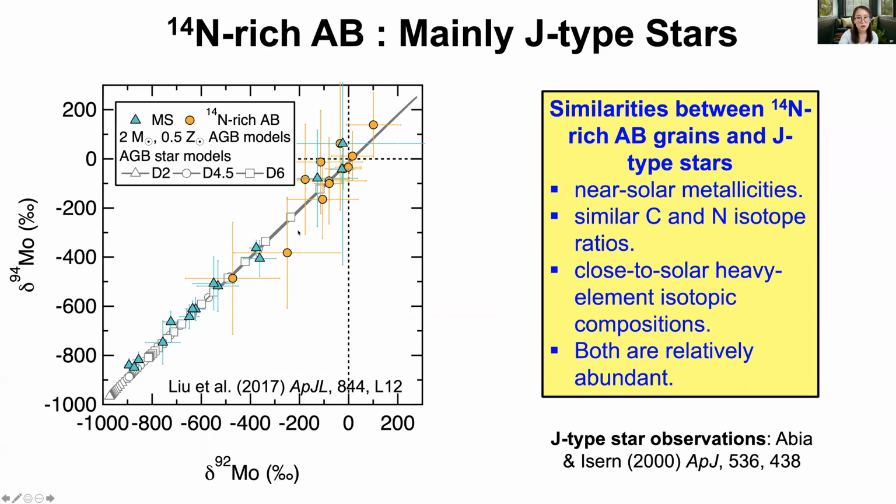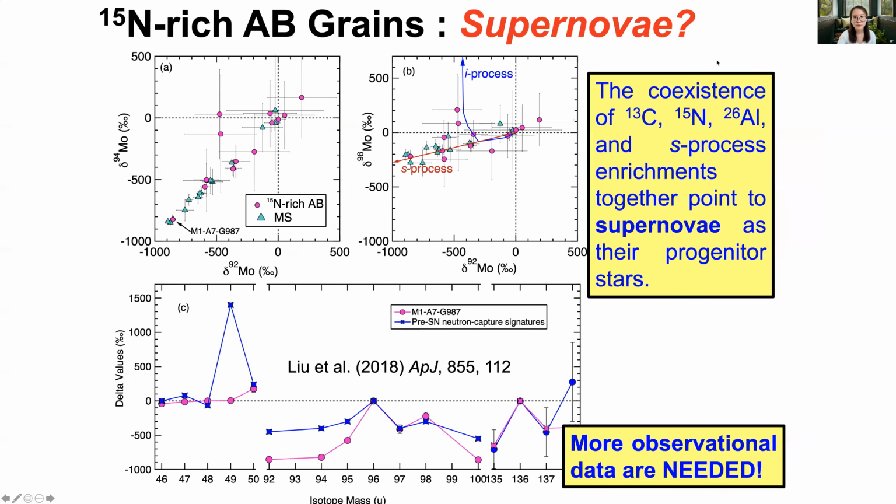And this observation links nitrogen-14 rich AB grains to J-type carbon stars because we also observe that J-type carbon stars show large carbon-13 enrichments, but no s-process enrichments. So nitrogen-14 rich AB grains and the J-type carbon stars share similar chemical and isotopic compositions.